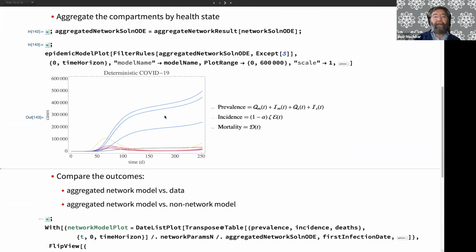We've got the asymptomatic or the severely infected that recovered, the mild and the asymptomatic. We've got three curves for the infected and quarantined here, one for the exposed and one for the dead. The susceptible I'm not showing because it's way off scale.